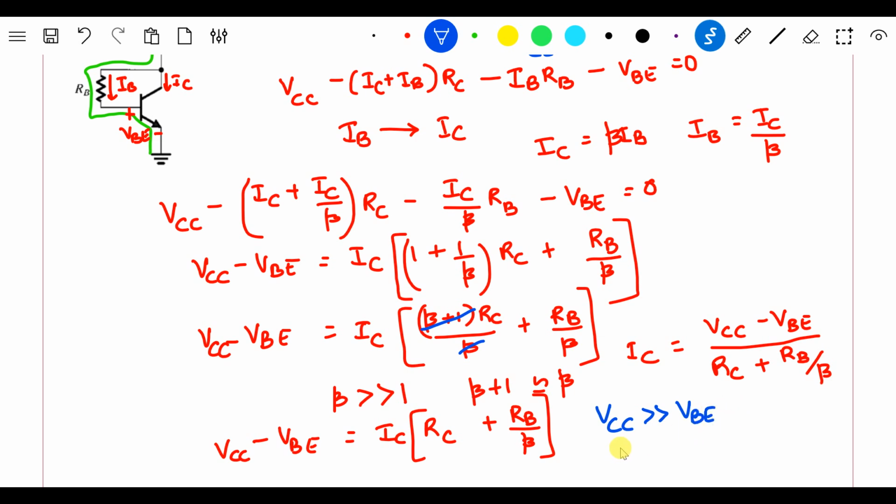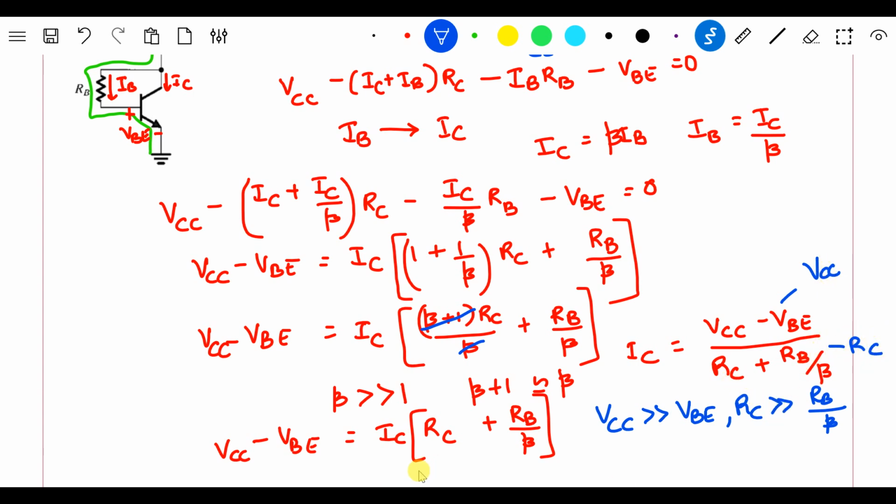So therefore VCC will definitely be greater than VB, and if I choose RC such that it is very high compared to RB by beta, then I can easily say that this numerator will become VCC, and the denominator will be just RC.